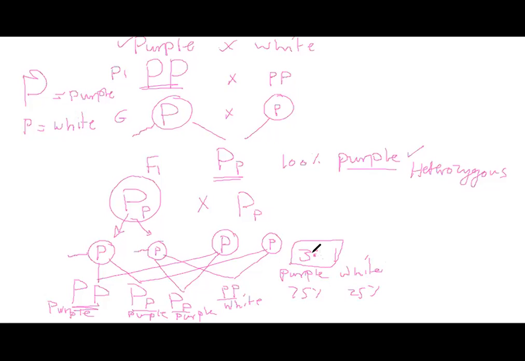But if we are going to talk about the ratio of genotype, who could find the ratio of the genotype here? For example, how many purple homozygous do we have? One.